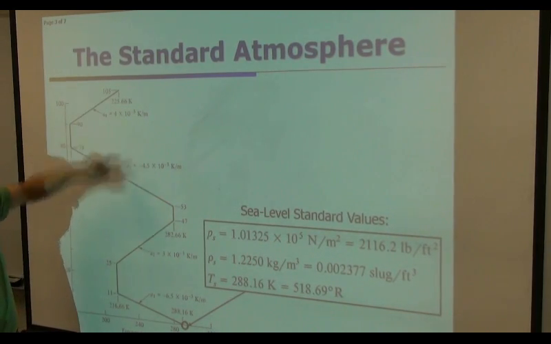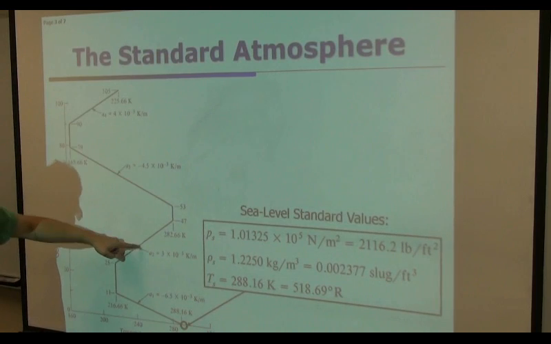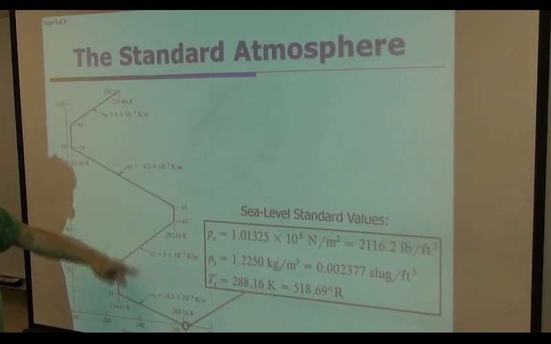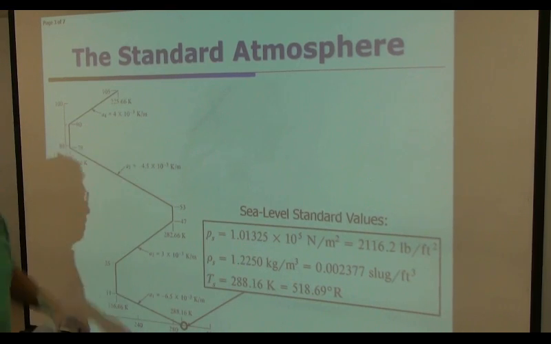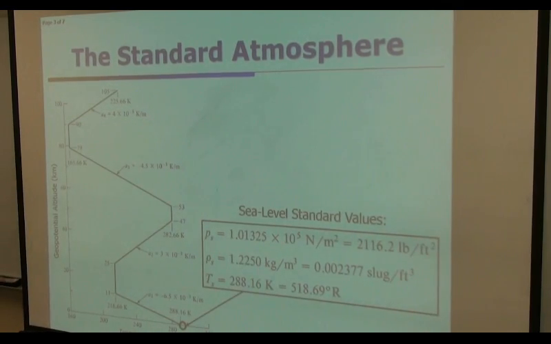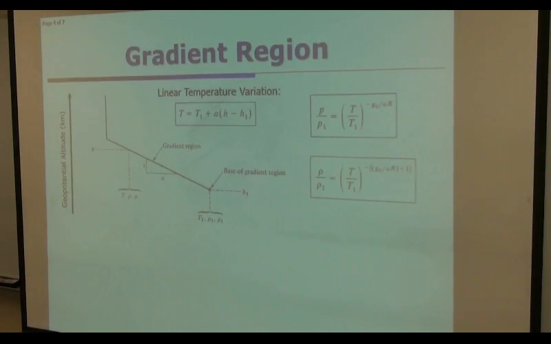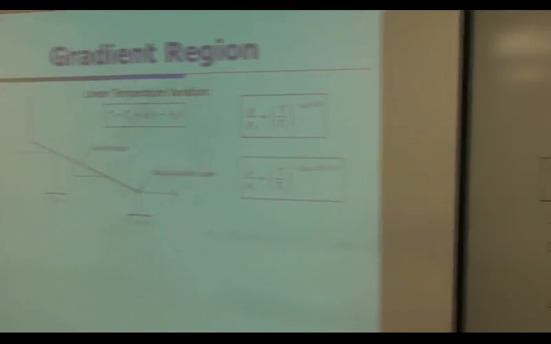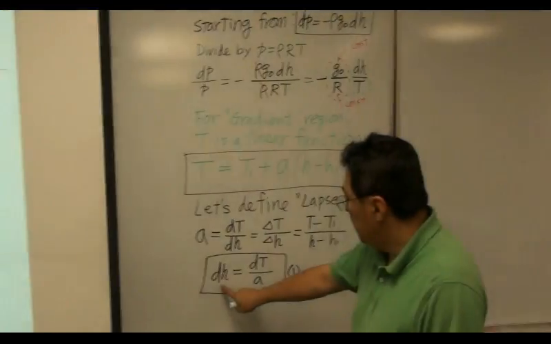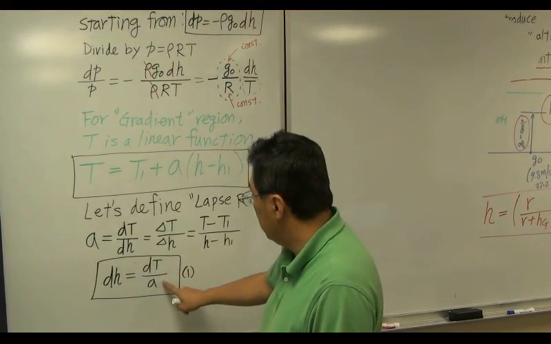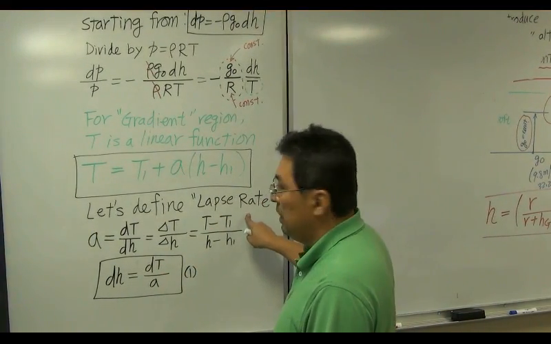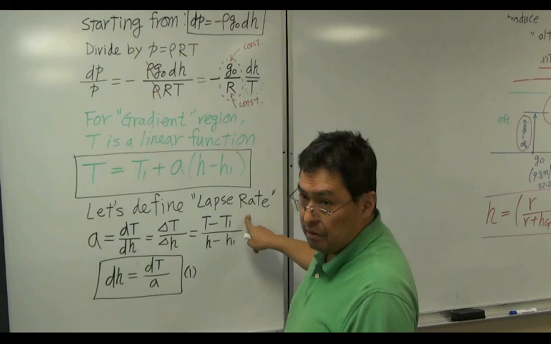This is plus, same here. So here and here is a temperature increase, here and here a temperature decrease. One is negative, one is positive. Anyways, this is a relationship between change of altitude and change of temperature through this constant value called lapse rate. Lapse rate is given for each gradient region.